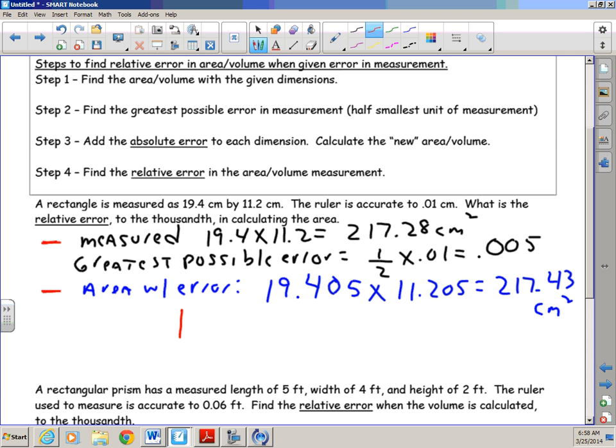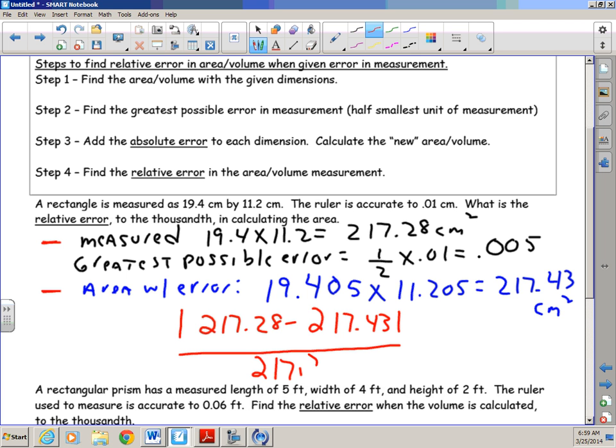So I'm taking the absolute value of 217.28 minus 217.43 and dividing that by 217.28, and I get my numbers are correct.